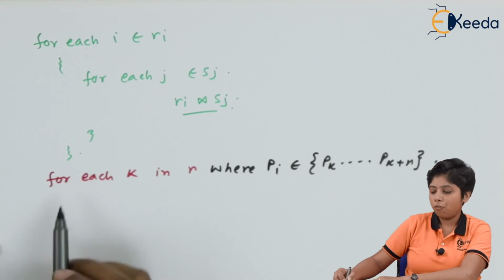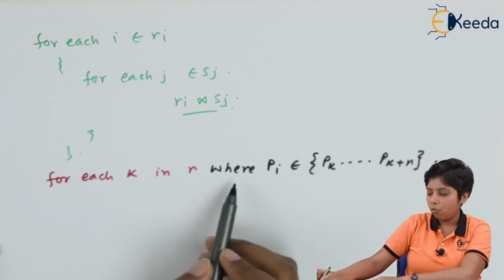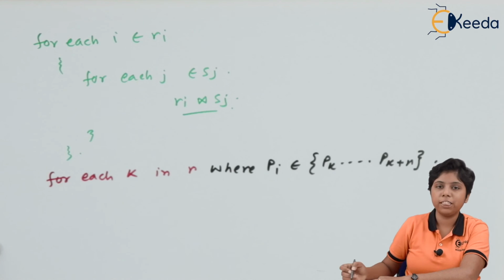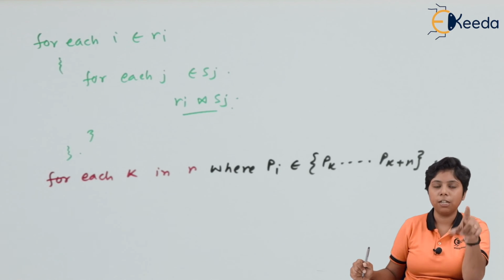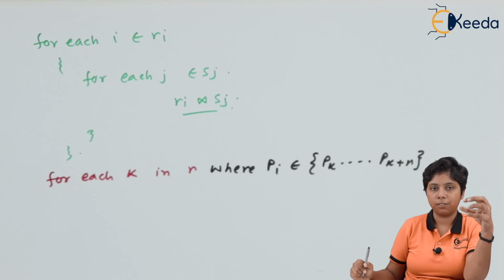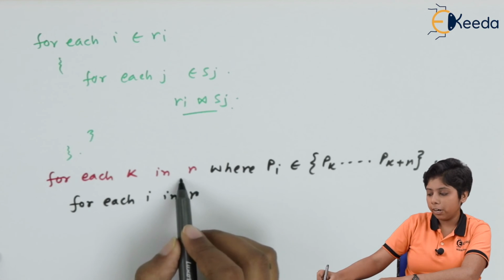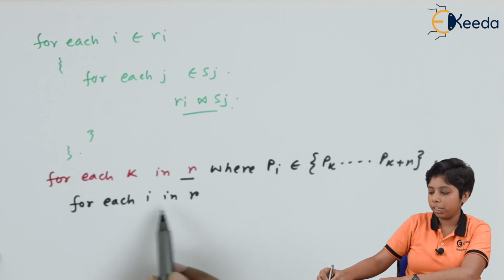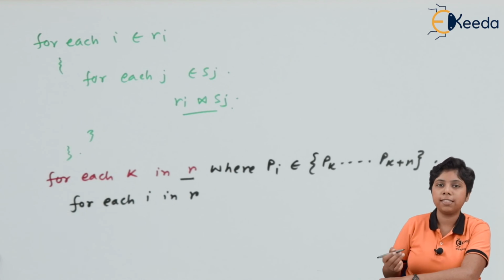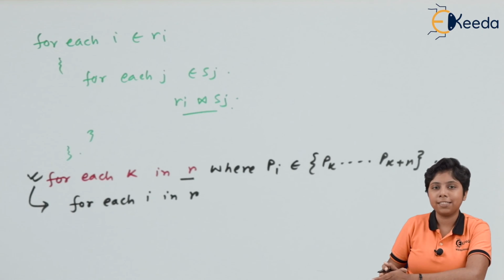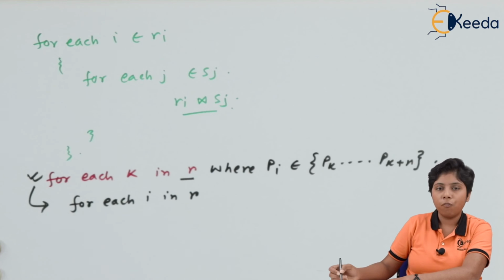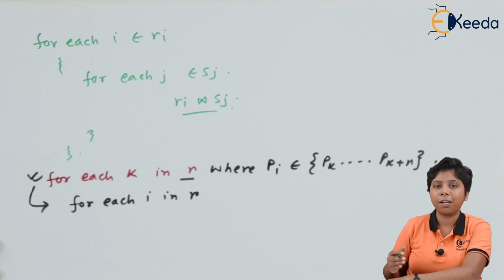Say we are now, for each k in relation R, where we have Pi that belongs to the range Pk to Pk plus n. That means now we have one more processor that will be considered as a final processor. As R is greater in size than S, we can have for each i in R. Otherwise, if S is the higher one, we can put S here. Now this for loop, which is nested with this loop, can be concurrently executed with another loop that I am writing. So first, for each i in R, we need to join R using fragment replicate.